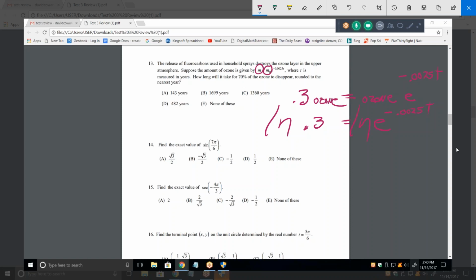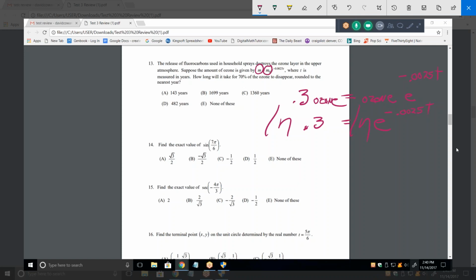Next line. You do see that it does not matter what the ozone level was in the beginning, because that's always going to divide out. And in a lot of these exponential problems, that's true. If you say how long does it take to triple your money, you don't need to know a starting amount. All you need to know is the left side is 3 times a sub 0. The right side is a sub 0. The a sub 0s divide out.